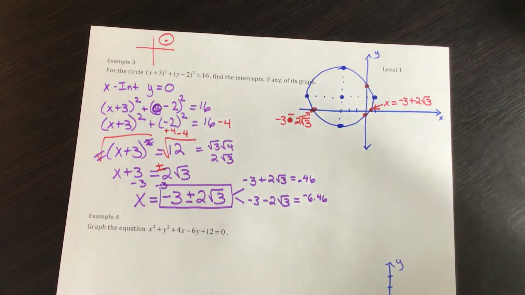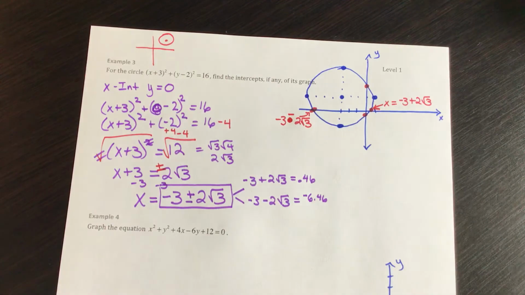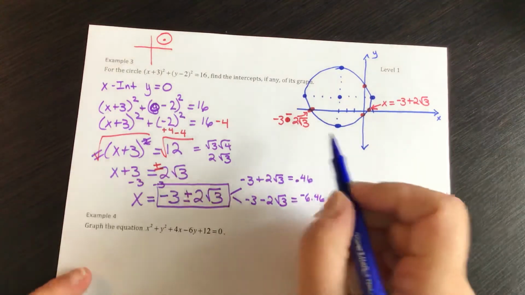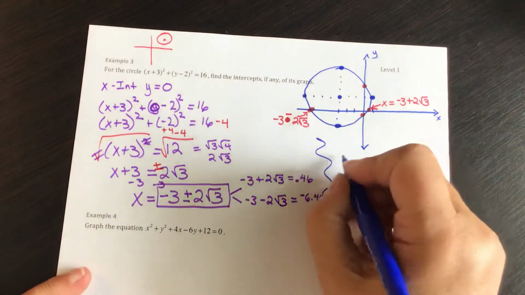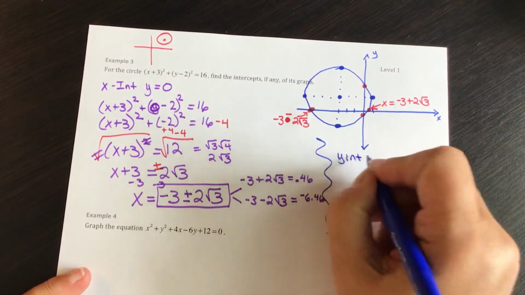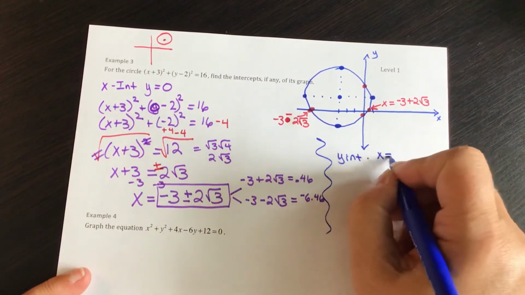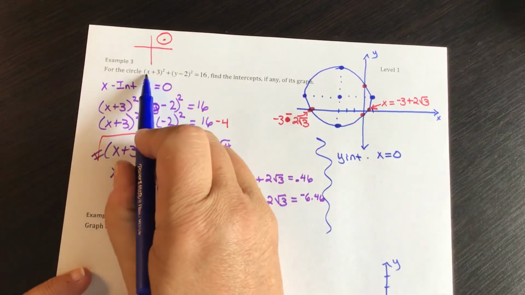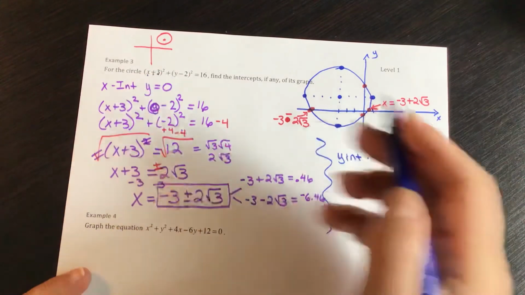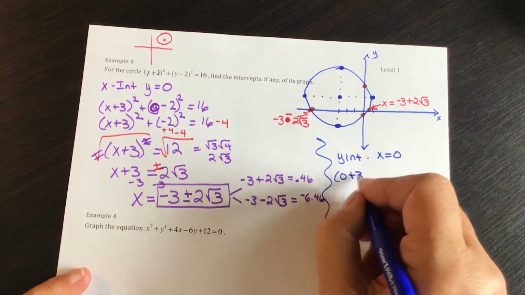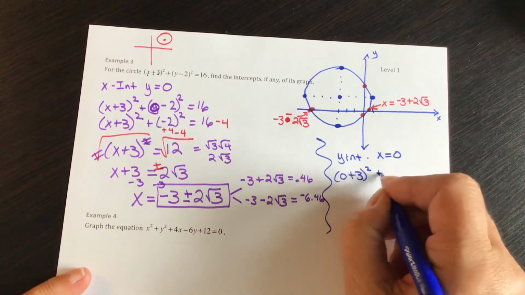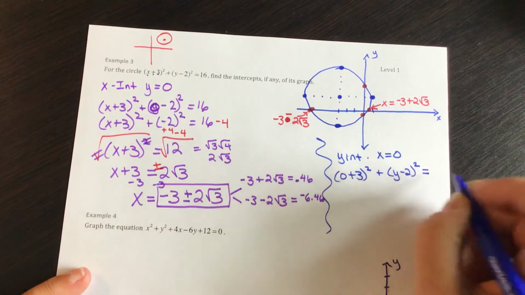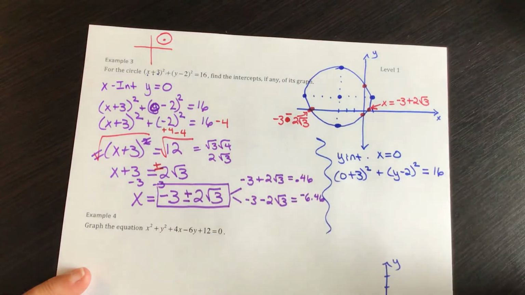Now we're going to do the same thing and find the y-intercepts. So the y-intercepts means x equals 0. So in my equation up here, I'm going to have 0 plus 3 squared plus y minus 2 squared equals 16.